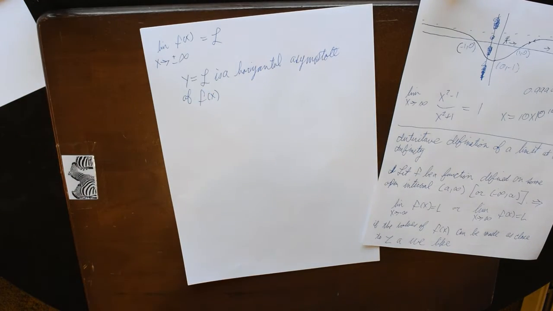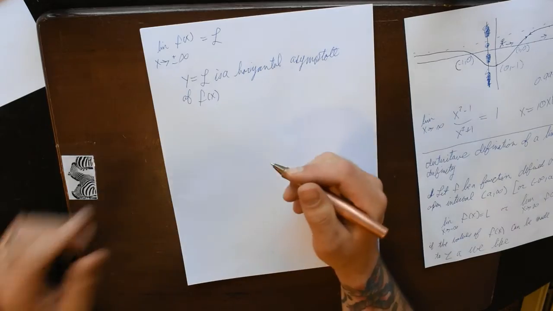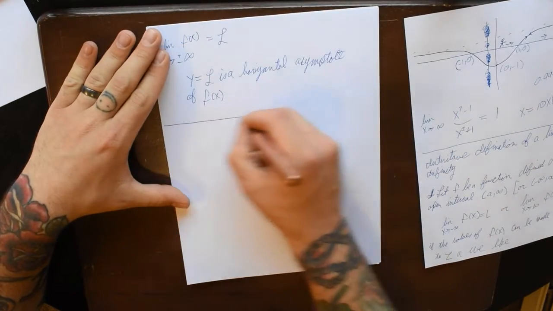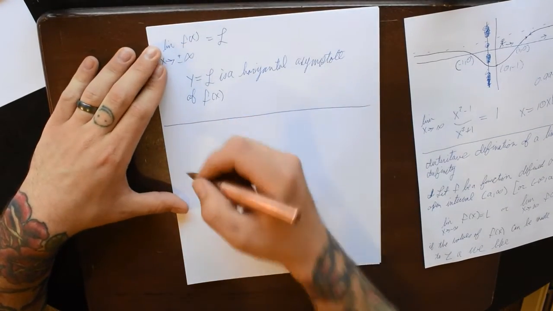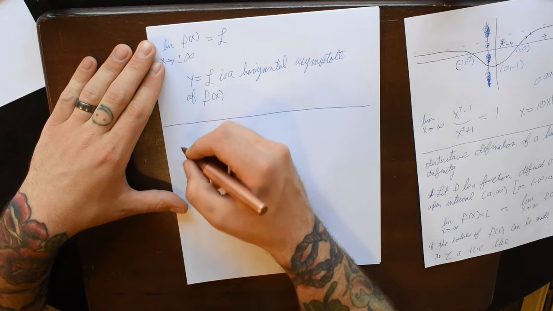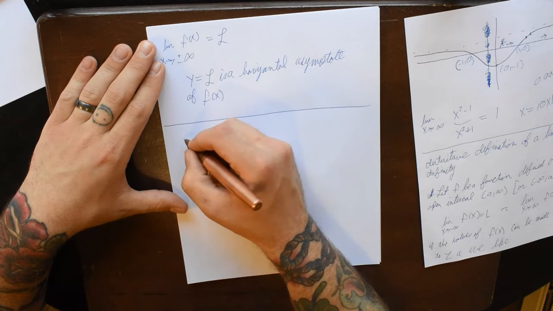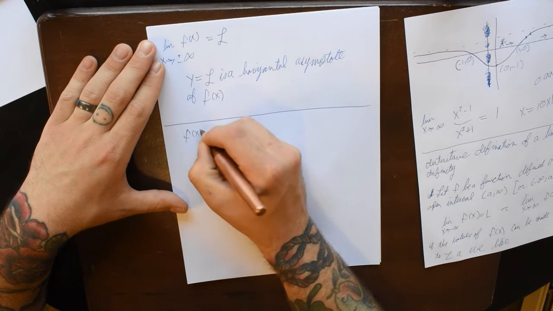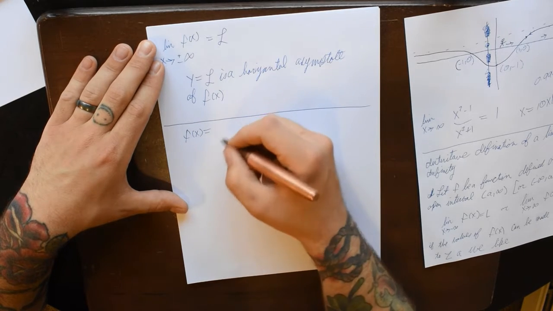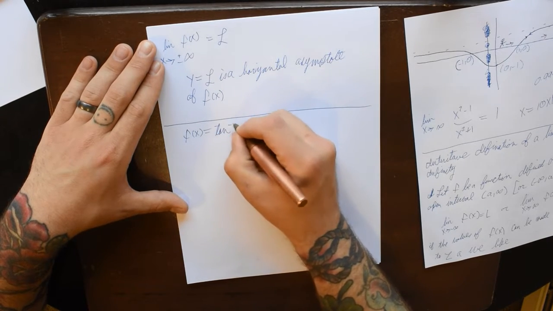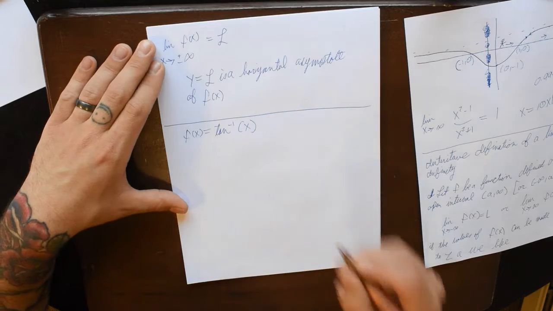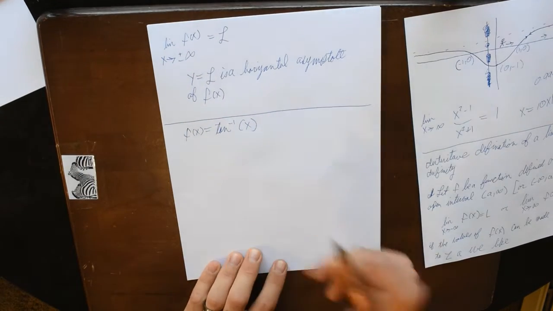So, what about the function f of x equals the tan inverse, or the arctan, of x? Now let's draw this thing.